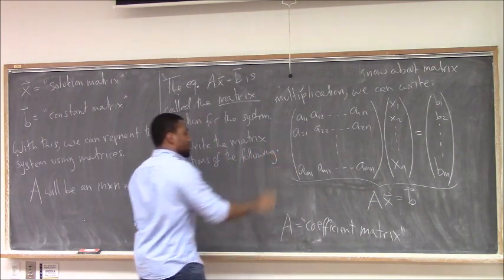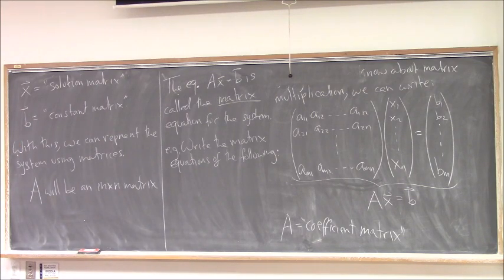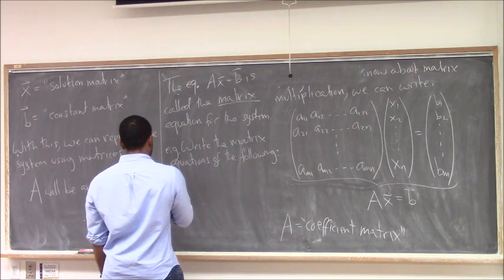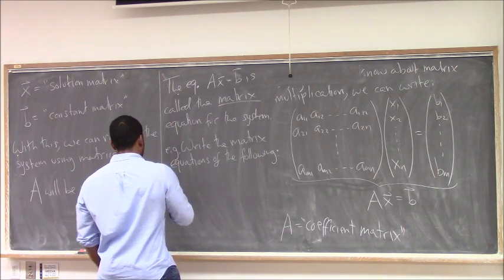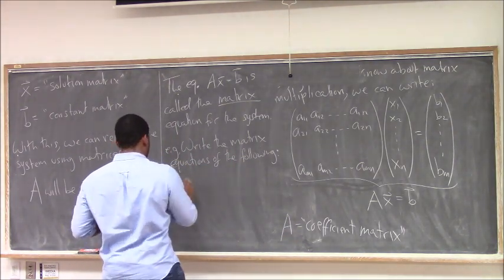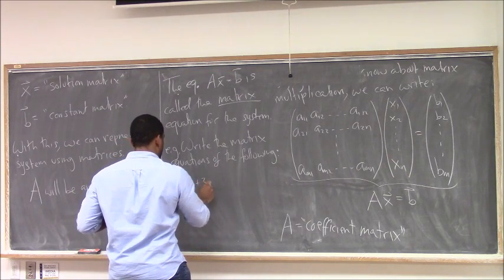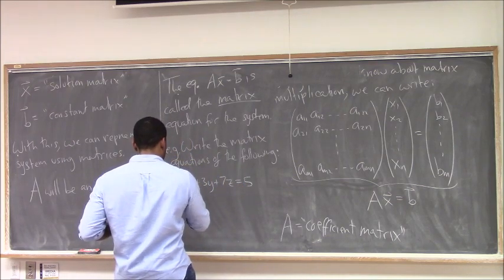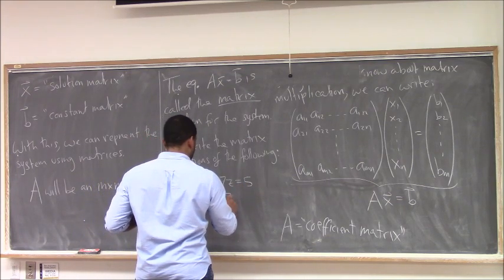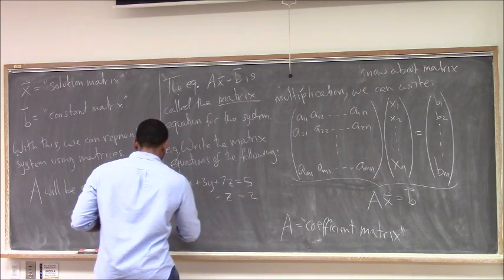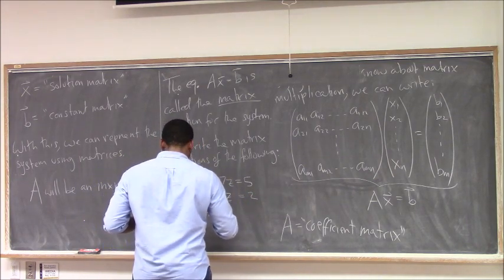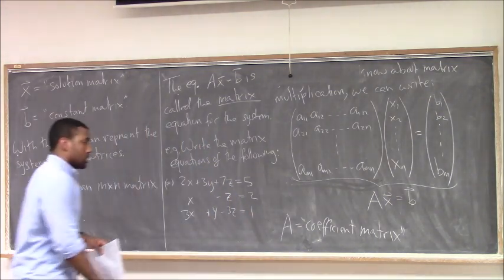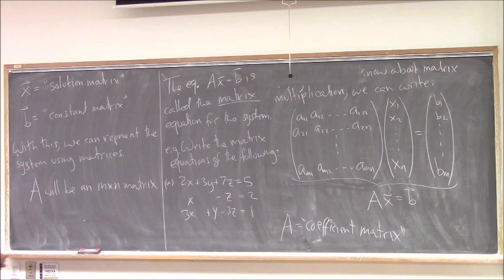To tackle systems of linear equations using matrices, the first step is to always rewrite them in terms of matrices. So let's say I have a system here. We can pretend, for example, the goal is to find the intersection of these three planes. This is a system of linear equations.